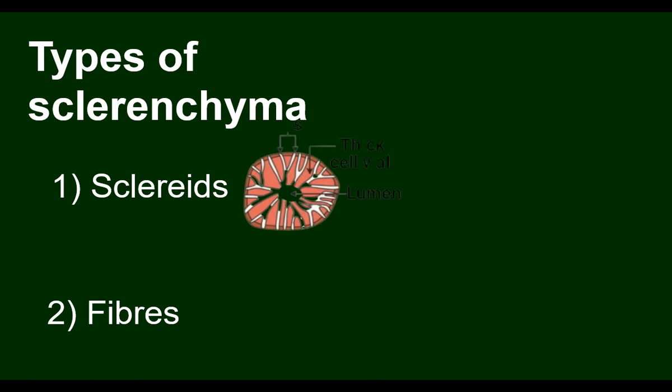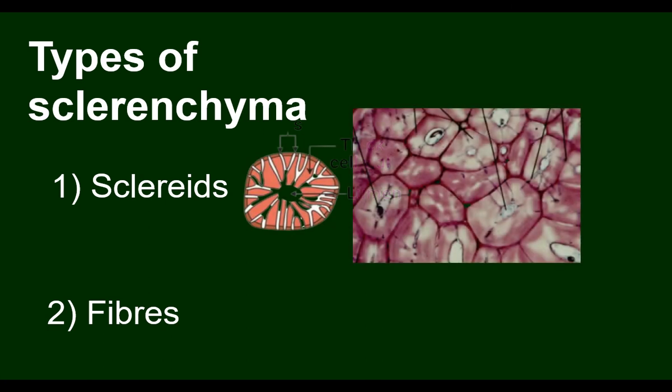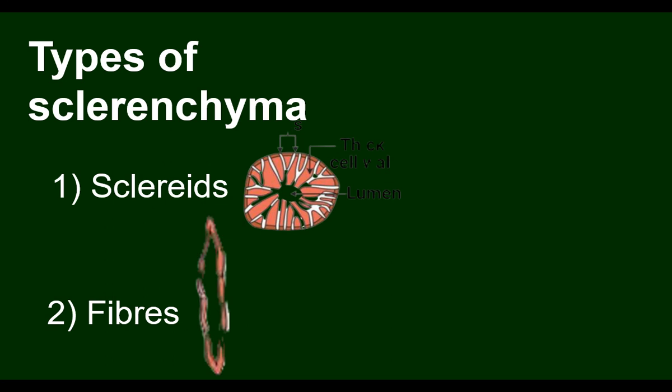This is a sclereid. This diagram shows many sclereids. The sclereids have highly thickened secondary wall and protoplasm is absent, so they are dead cells. Fibers are long cells. They are also dead cells because they do not have protoplasm.